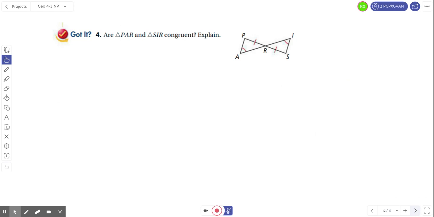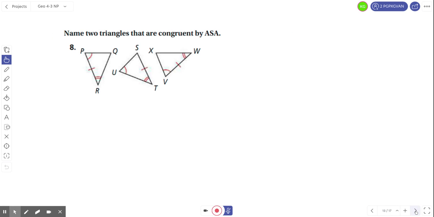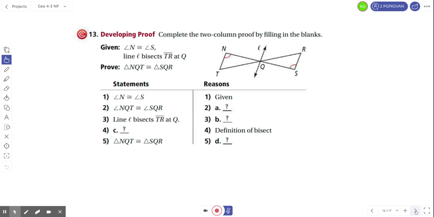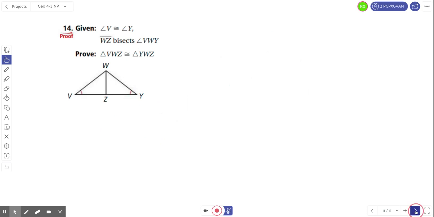All right. So you're going to try. You've got a bunch of things to work on the next few slides. So this is very similar to what we just did, and then you're going to see some review from earlier in the lesson. This is a fill in the blank, so you figure out what goes in those spots to complete the proof.